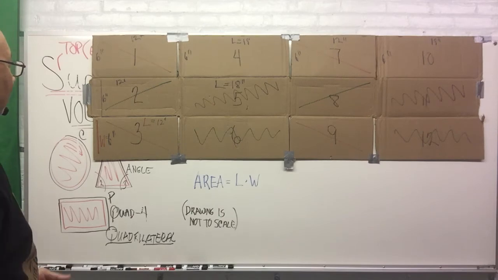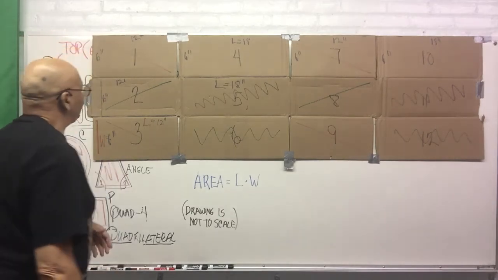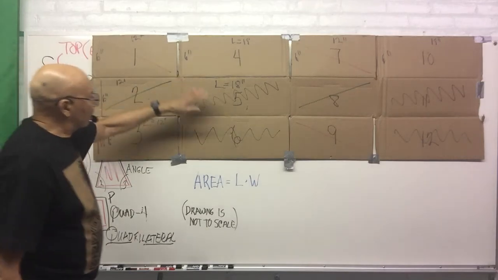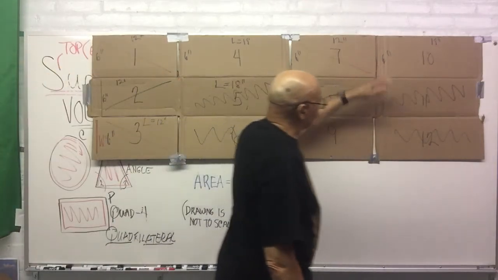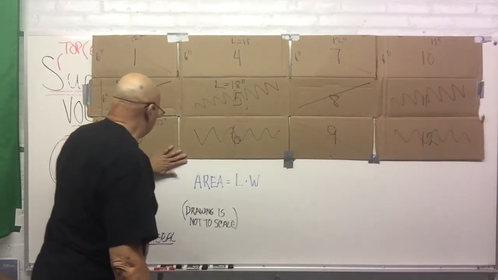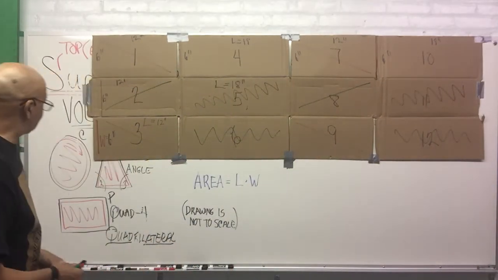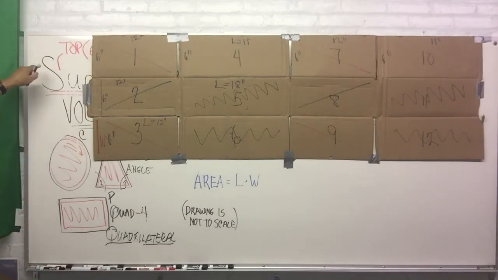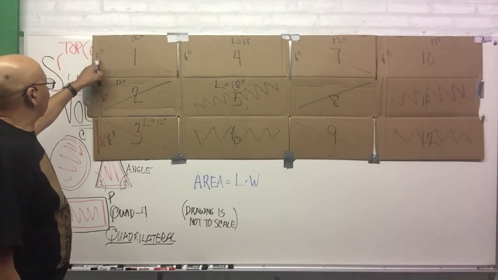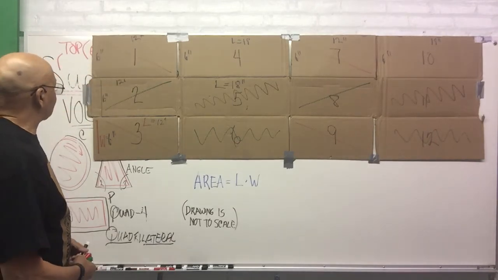So now we're going to talk about what you would do if you had this problem. You have to figure out the area of each face and add them together. That's all. And once you do that, you have the total surface area. So 12 times 6 is 72.